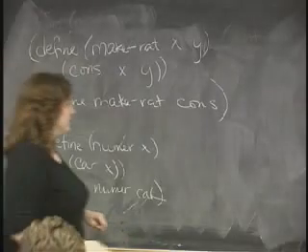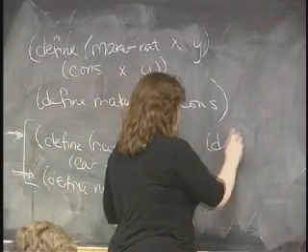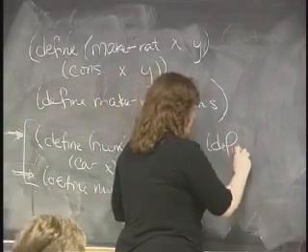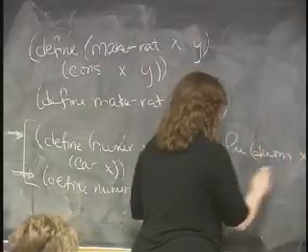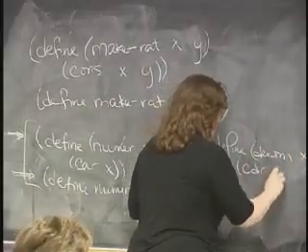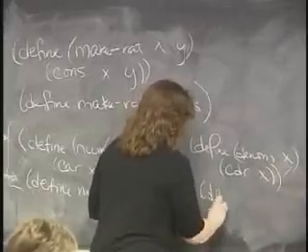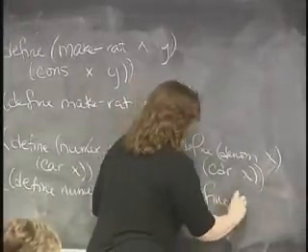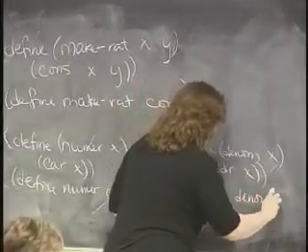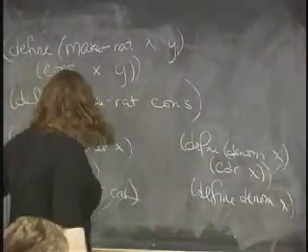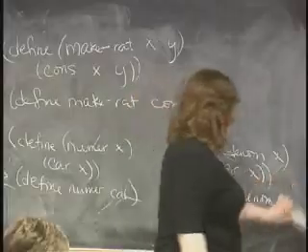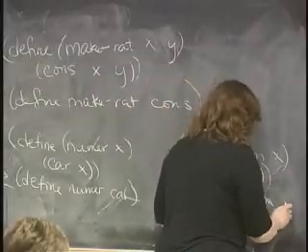How would we write denominator? We could write it one of two ways: denominator of x as cooter of x, or we could just define denom to be cooter. If we define denom to be x, what would happen? Boom.